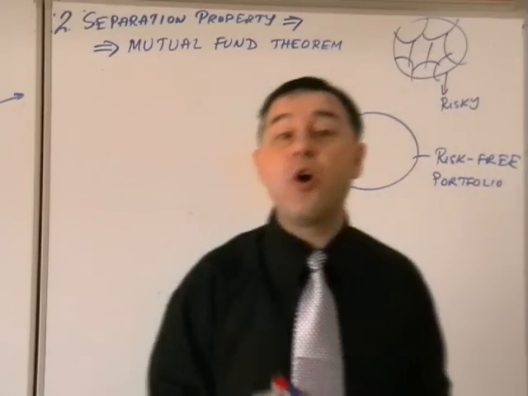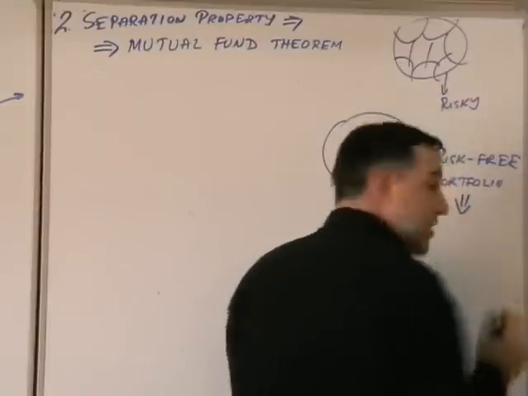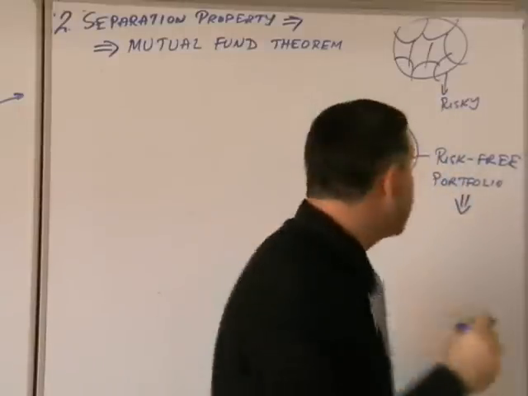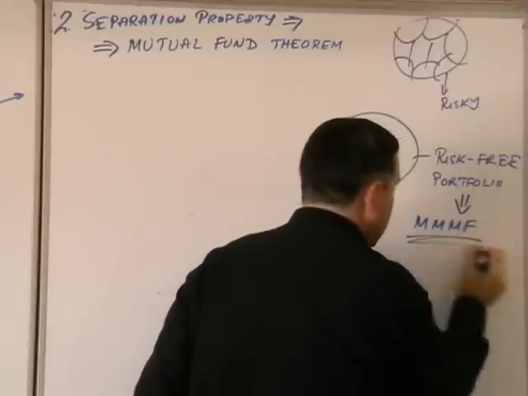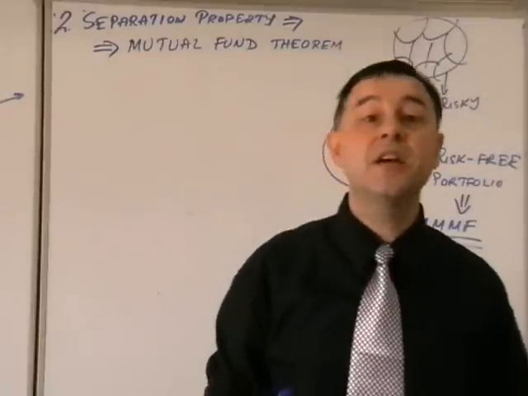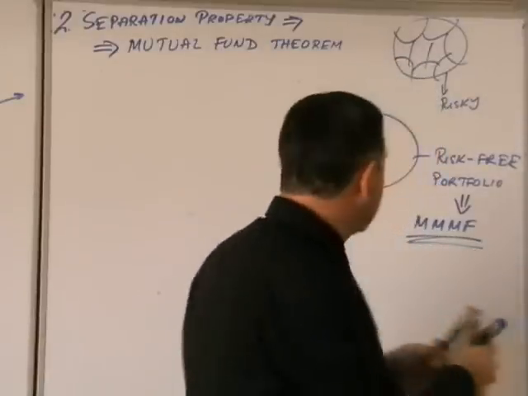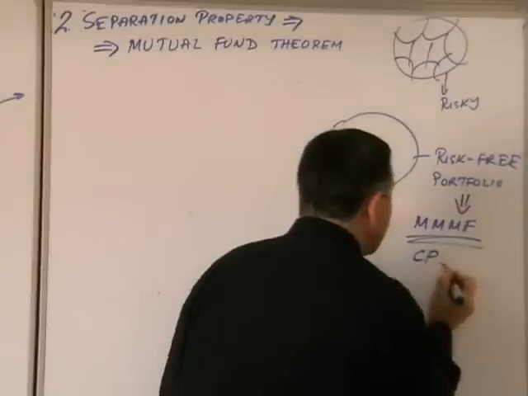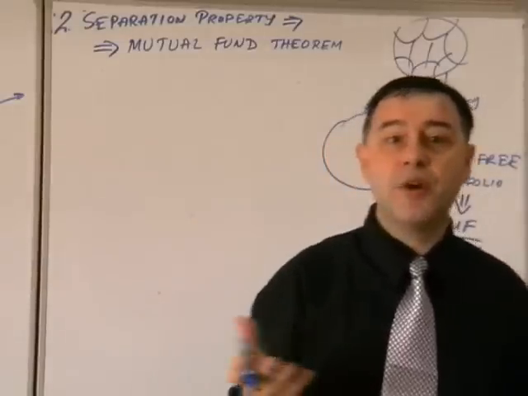Now, the risk-free portfolio could be, as the textbook said, at least in practice, a money market mutual fund. Well, a money market mutual fund will be investing typically in, remember from last time the lecture? What's the best element? It will be investing in commercial paper. Okay, what else?